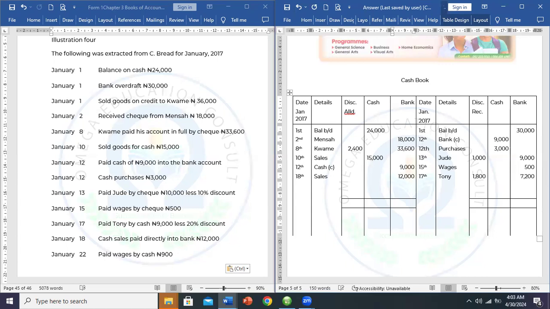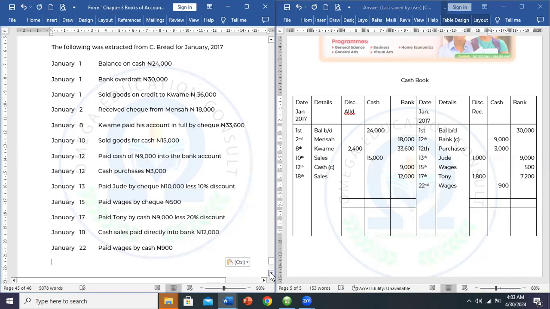And then finally, paid wages by cash. So 22nd, wages, this time cash. So we put it under the cash column, 900. And that is all for your entries, right? So what we need to do now is to balance the 3 column cash. And please pay attention to this balancing.